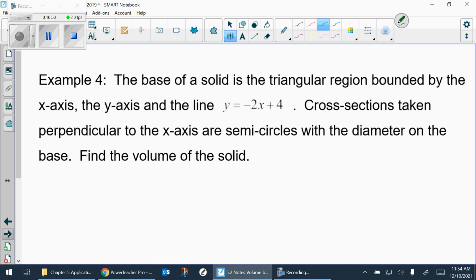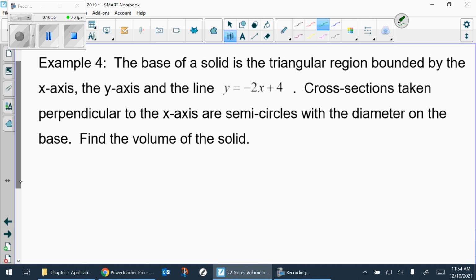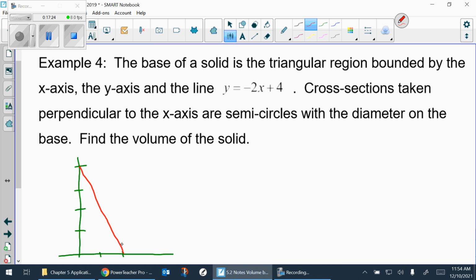Example 4, and we're not going to do example 5, so this is our final example. We've again got the same thing happening. We've still got this triangular region. And you know what? I'm going to try this a little differently. I've got this triangular region, and I am going to slice perpendicular to the x-axis.